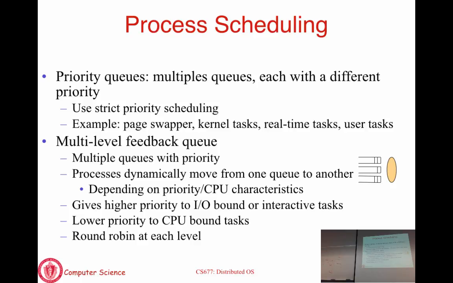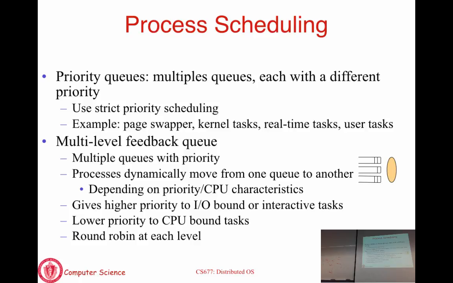In many cases, you will have multiple priority levels associated with the process. In fact, in most operating systems, the user can change the priority level associated with a process. By default, when you start a process, it gets a default priority level. But if you believe that some process is more important than the other, you can increase its priority.